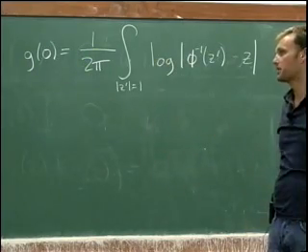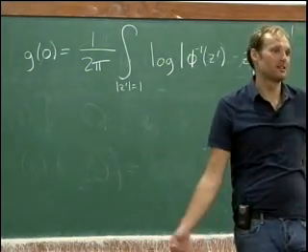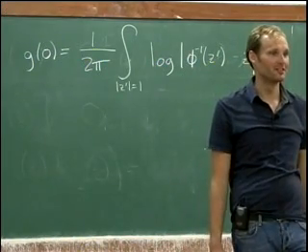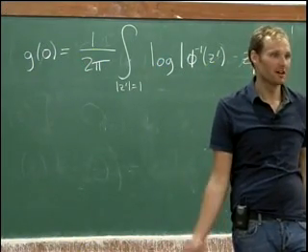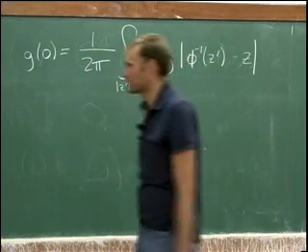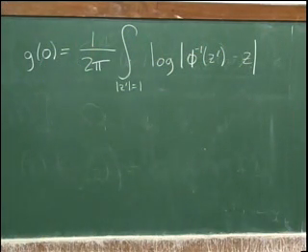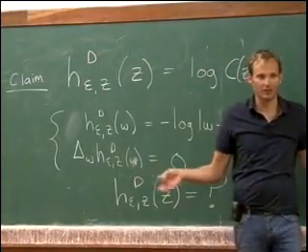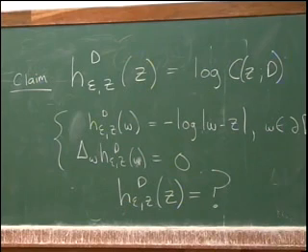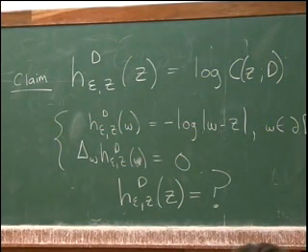This actually doesn't depend on epsilon. Yeah, this is kind of dumb notation. You're right. Remember, the original thing was supposed to be the harmonic extension of this boundary data into the interior. There's no epsilon dependence there, so I have no idea why I'm writing that, but why not? So we want this thing, okay?